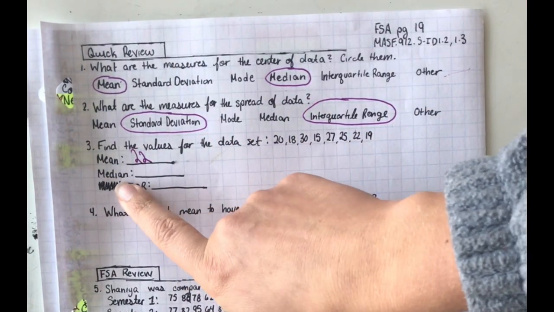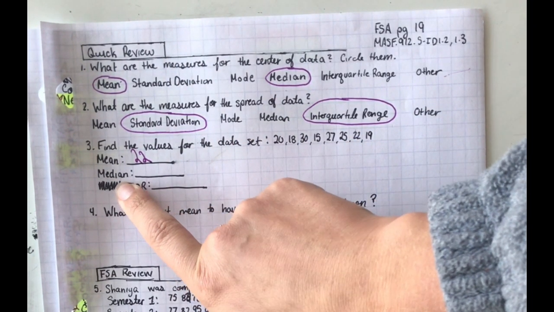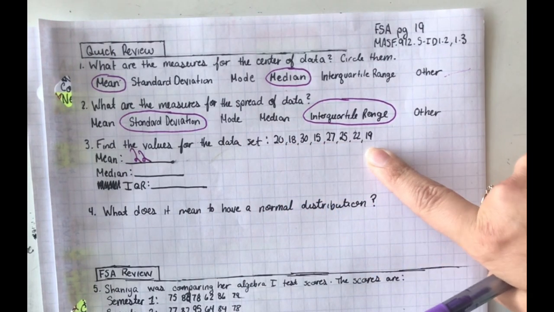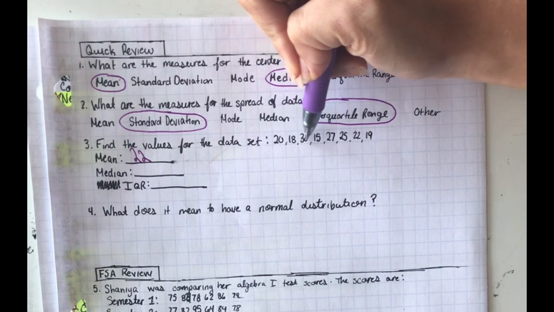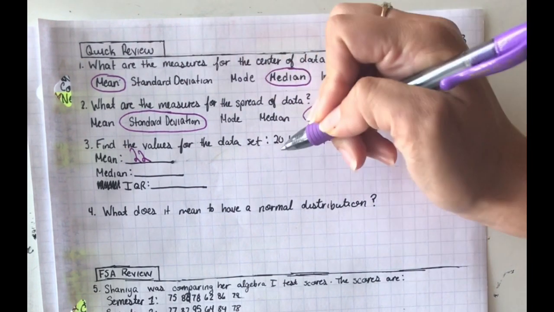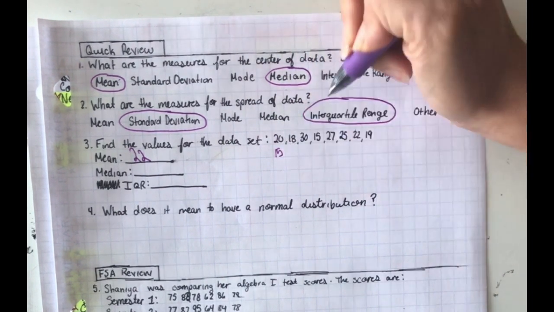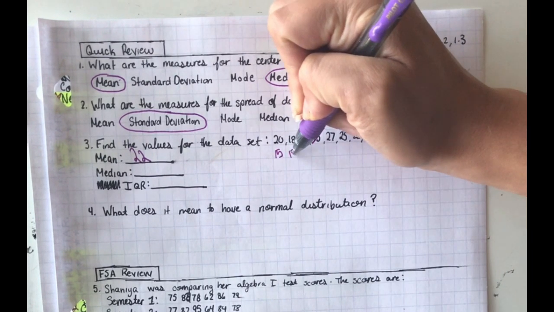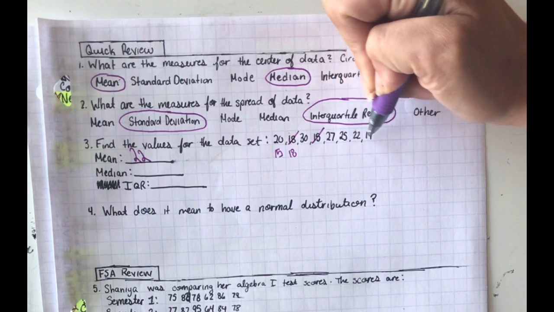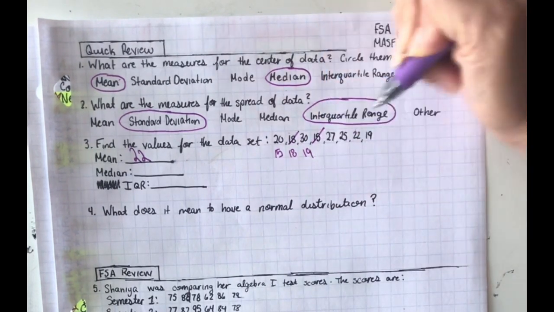The median is the middle number. Now, if we're looking for the median, I have to put my numbers in order first. So I'm going to go through and find the smallest number is 15. And then my next smallest number is 18. And then 19.